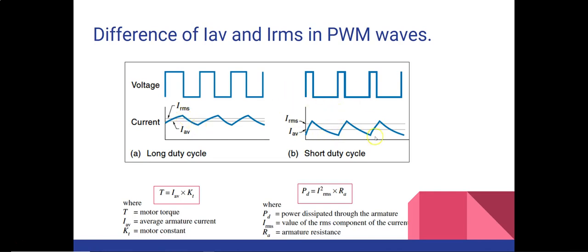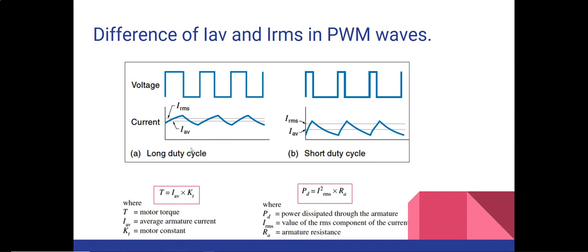If you see the right waveform, you will notice that for the short duty cycle, these pulses have become very small. Once these pulses are short, the relative peak to peak value of the current also increases. Like any periodic waveform, this current waveform has 2 important components, the RMS current and the average current.